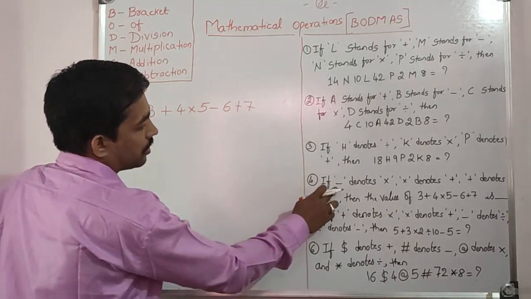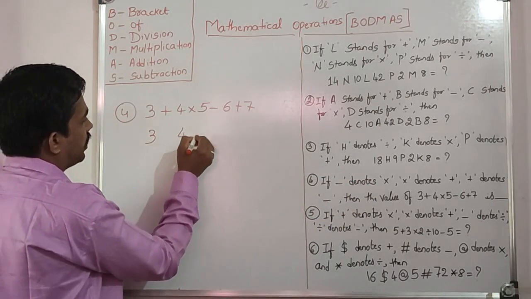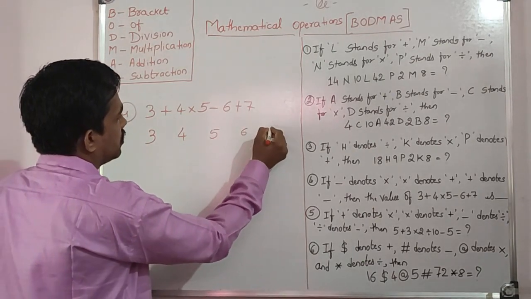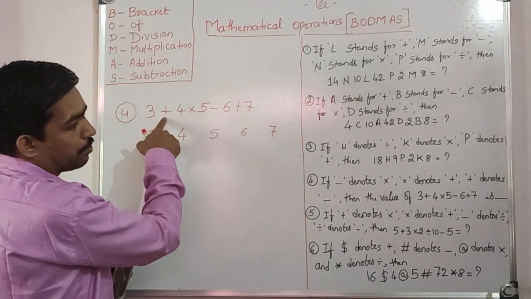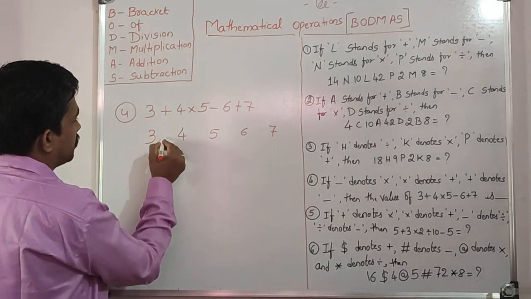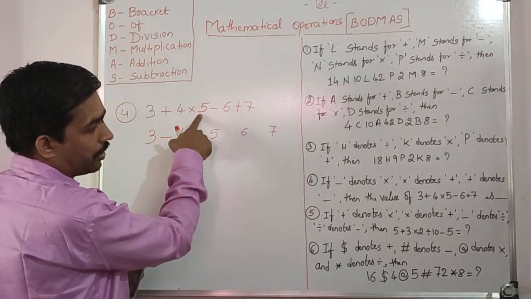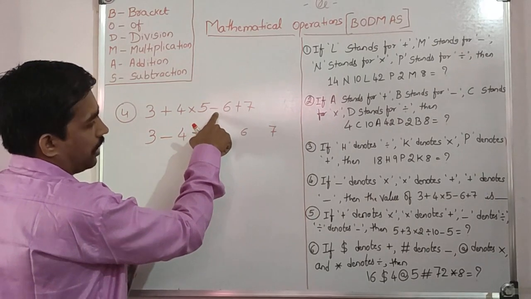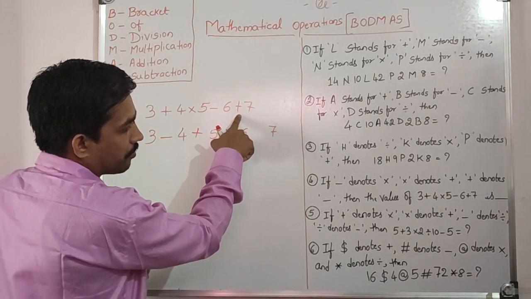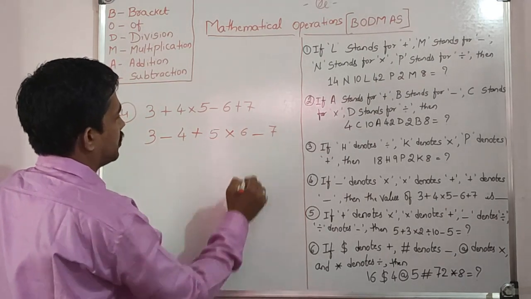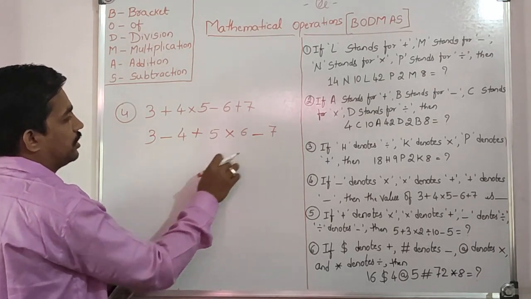We change minus to into and write the rest as it is. Plus means minus, so in place of plus we write minus, in place of into we write plus, in place of minus we write into, and in place of plus again minus. We have to solve this problem.